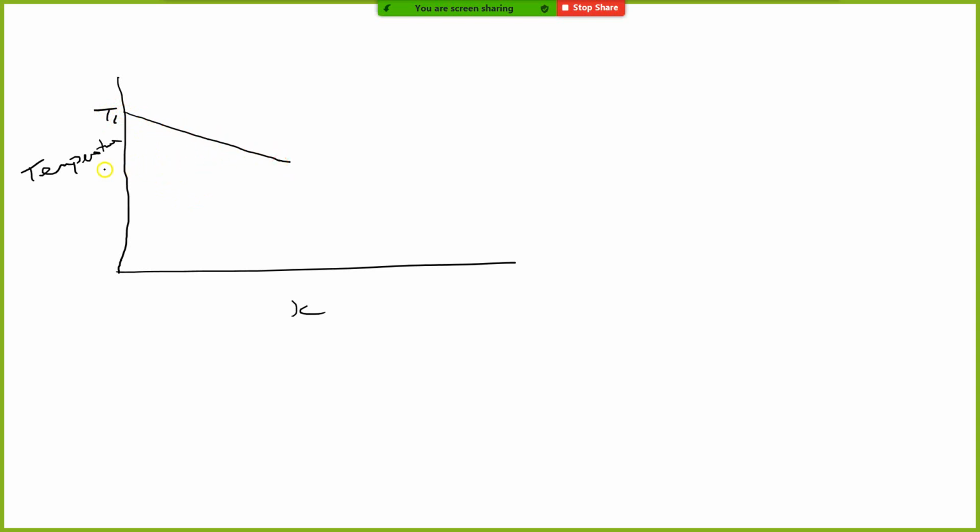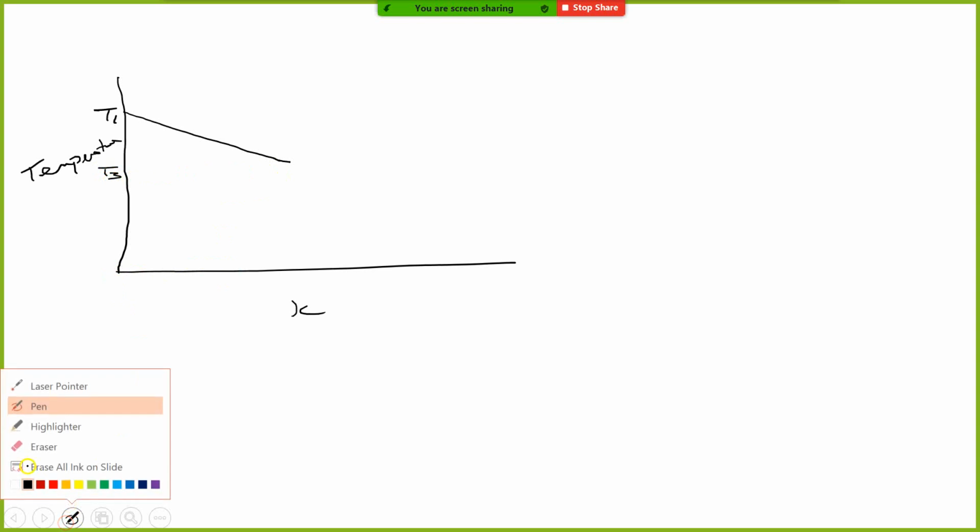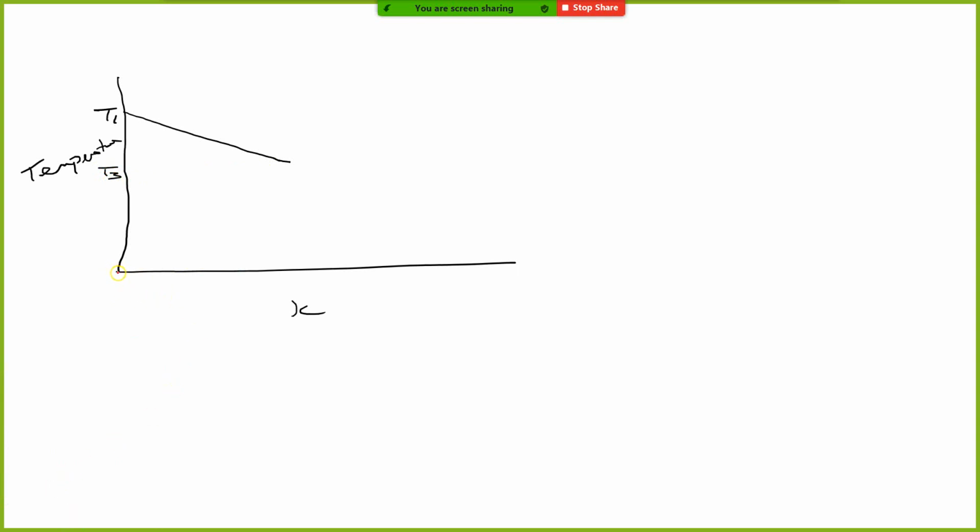This temperature now is going to be T3, right? And from here to here, let me use a different color, this is going to be the thickness of material C, right?